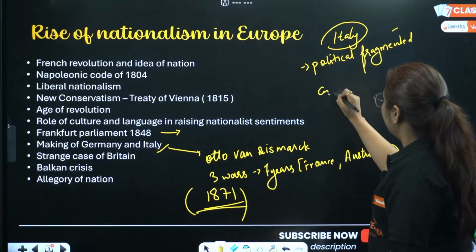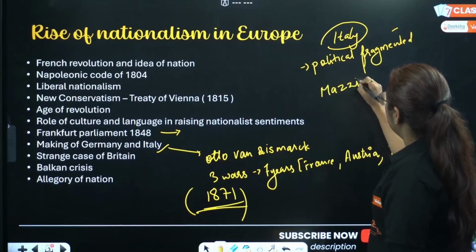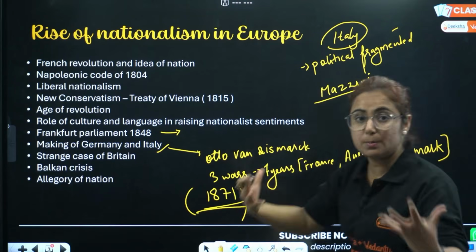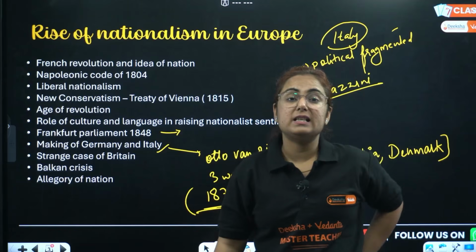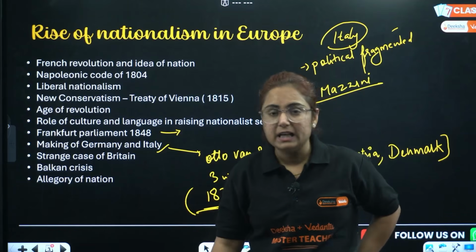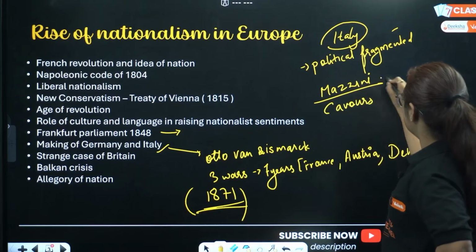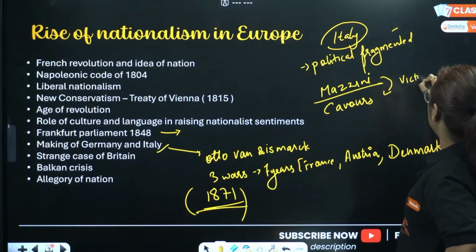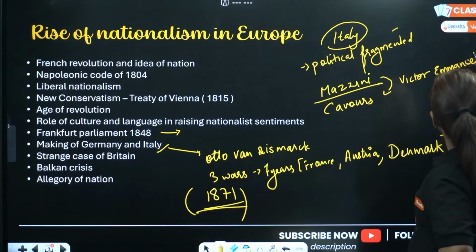The role of Giuseppe Mazzini is there. Mazzini played an important role because he was the person who put forward the idea of a coherent program of making a united Italian nation, right? Then Cavour comes into the picture, because the responsibility directly fell to Victor Emmanuel II, the then only Italian ruler of the state.